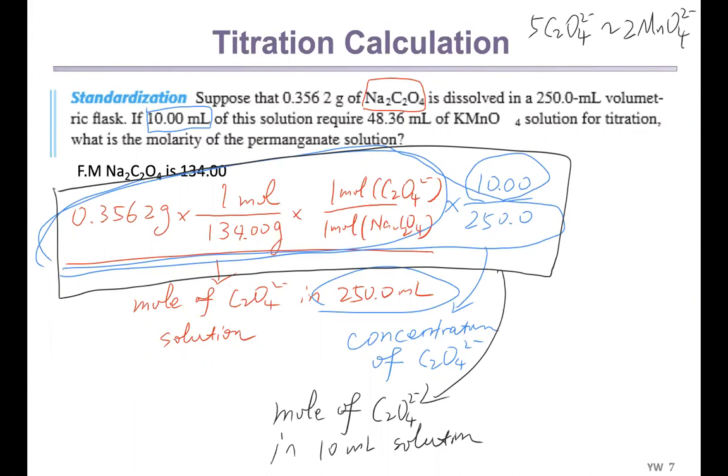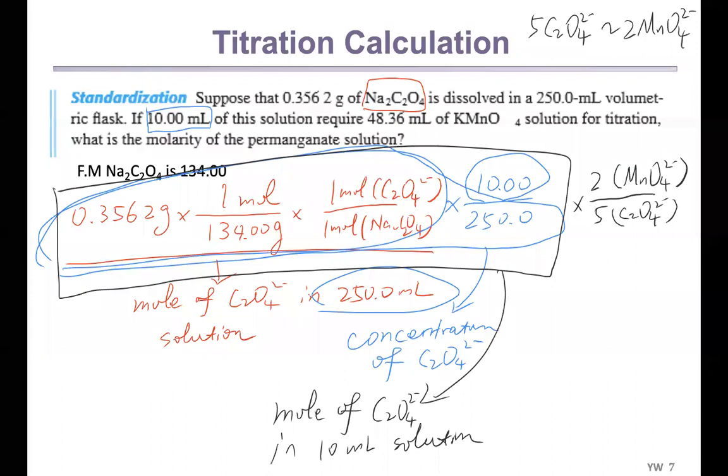And because this part is the moles of oxalate, we need to multiply by 2 permanganate for every 5 oxalate. And after doing this, we will get the moles of permanganate, right?